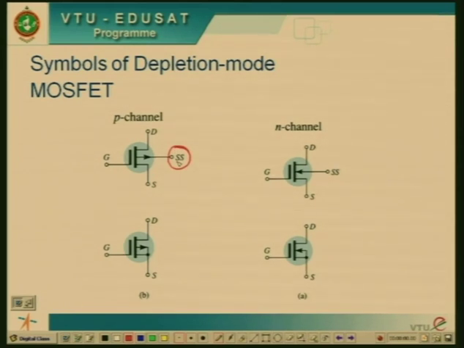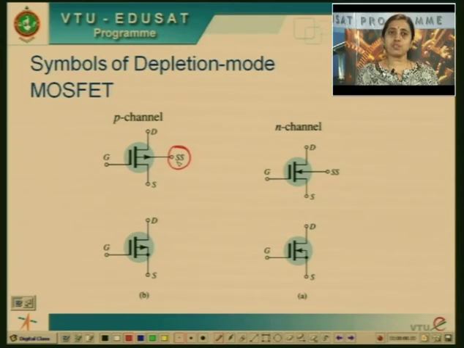Usually this substrate will be connected to the source, that is source and the substrate must be held at the same potential. If the external substrate connection is available, then this will be treated as the fourth lead of the MOSFET. So, the four terminals of the MOSFET are gate, drain, source and substrate.